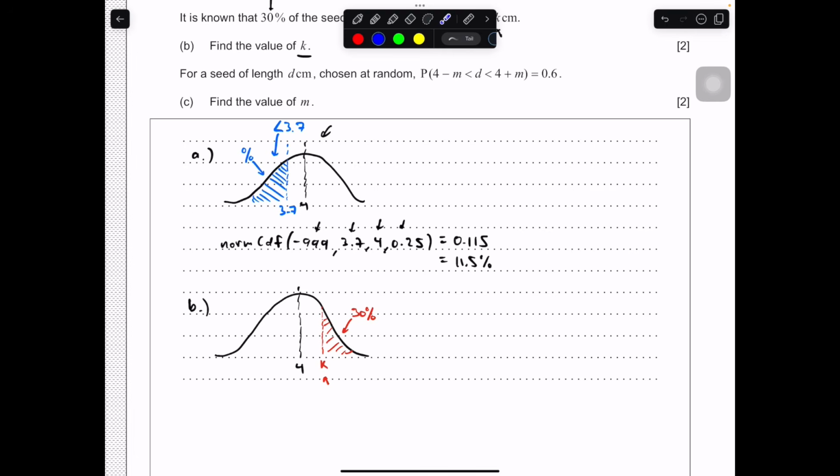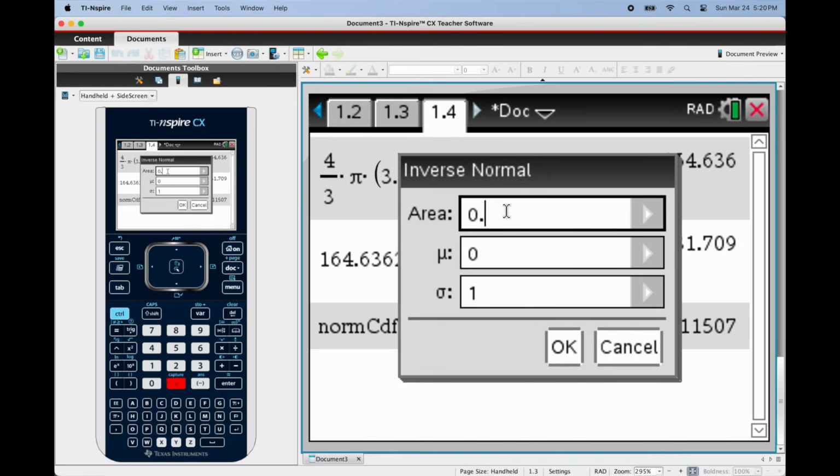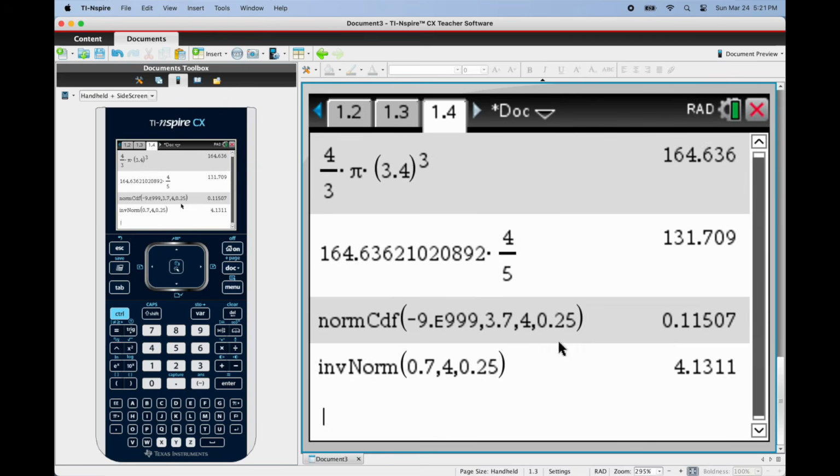So the area is going to be 0.70. We're interested in the cutoff point for which 30% of the seeds are greater than this value. The mean once again is 4, standard deviation 0.25. And here we go, 4.1311.